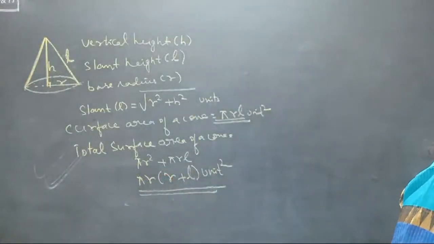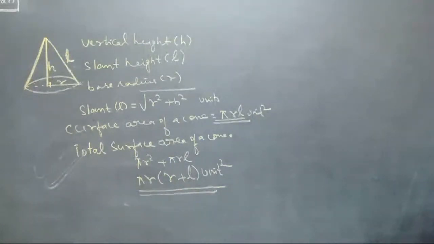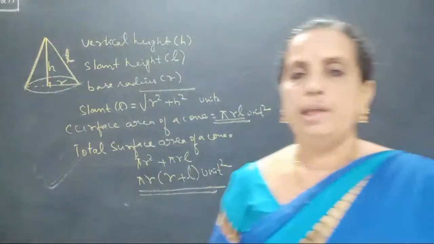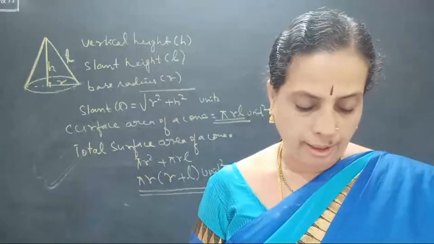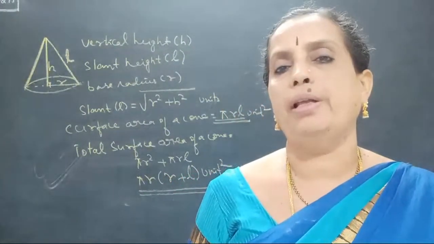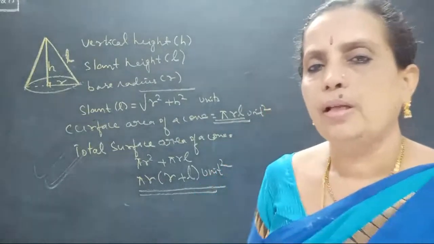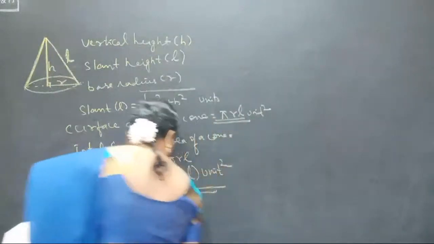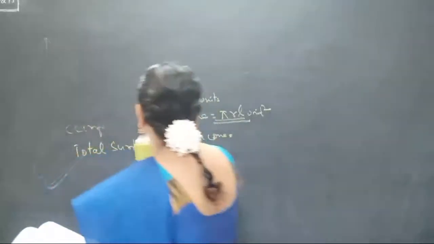We'll have the question now, starting from the first question. Find the curved surface area of a cone if its slant height is 60 centimeter and the radius of its base is 21 centimeter. Direct application. You will get the question as a worksheet after the class.